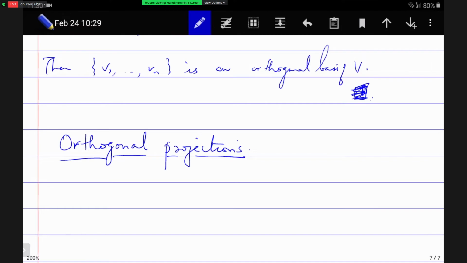Lots of applications in data science, statistics, and engineering, where you have to solve various systems of equations and find the shortest length between two things, one subspace and one point. Whatever we are discussing now is used.